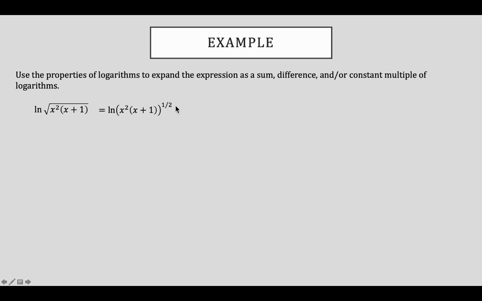We have to start off with the power rule because this exponent belongs to every single term inside of the log. Well, the power rule says I can take that exponent and bring it to the front as a constant multiple. That leaves me with 1/2 times the natural log of the quantity x squared times x plus 1.